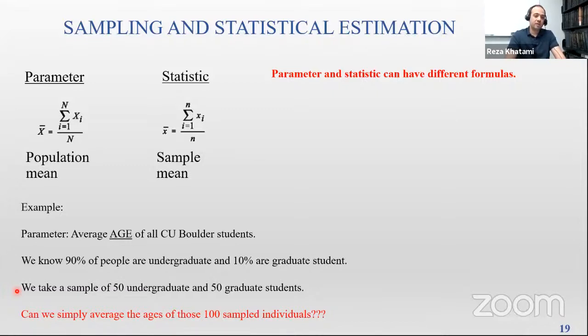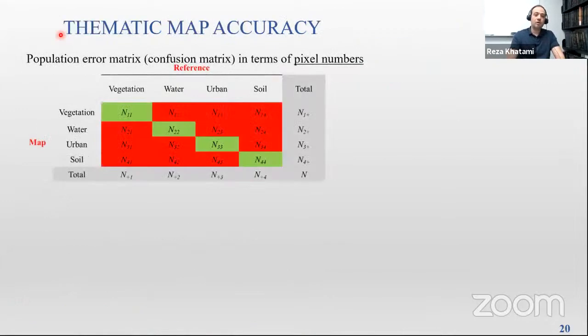This might seem very clear and intuitive for this example, but when it comes to map accuracy assessment, you can find many papers that have used wrong equations and wrong formulas for accuracy assessment. So in map accuracy assessment, the goal is to estimate a population error matrix that shows the number of correctly and incorrectly classified pixels for each class.